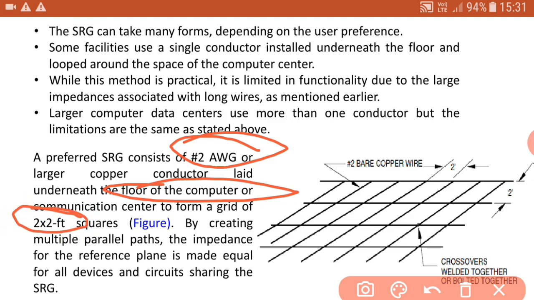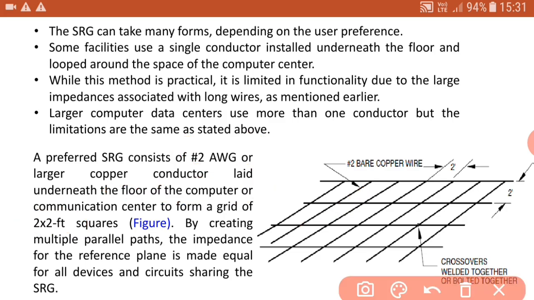We can see in this figure, the wire gauge is 2 AWG, it means 2 American wire gauge, and the square size is 2 feet. By creating multiple parallel paths, the impedance for the reference plane is made equal for all devices and circuits sharing the signal reference ground.